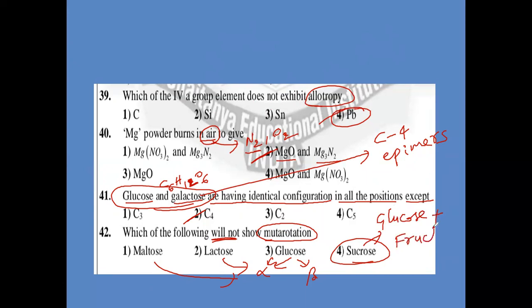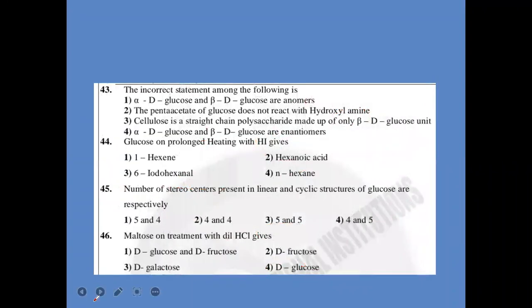Between glucose and fructose, the linkage is called a glycosidic linkage, or glucosidic linkage. Because of the formation of the glucosidic linkage, sucrose does not show mutarotation. Mutarotation is not possible for sucrose. Okay, so next is what now here?